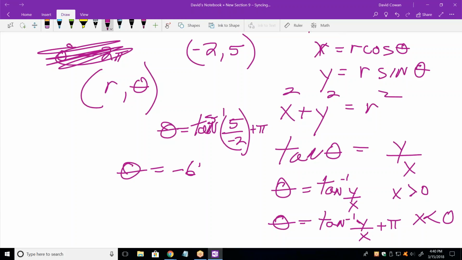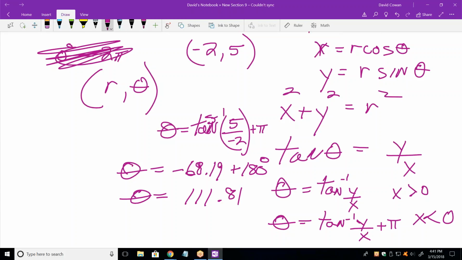That's a reasonable sounding answer for theta, plus 180. So let's see if it checks out. In other words, theta is 111.81 degrees.